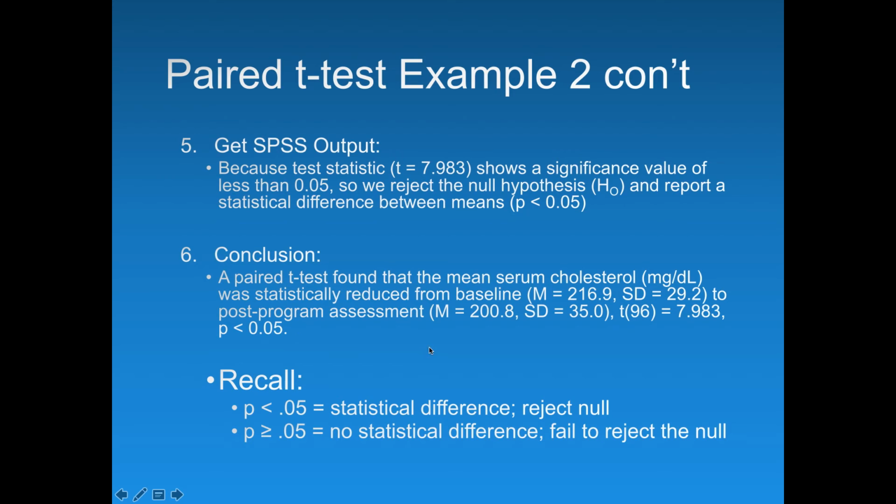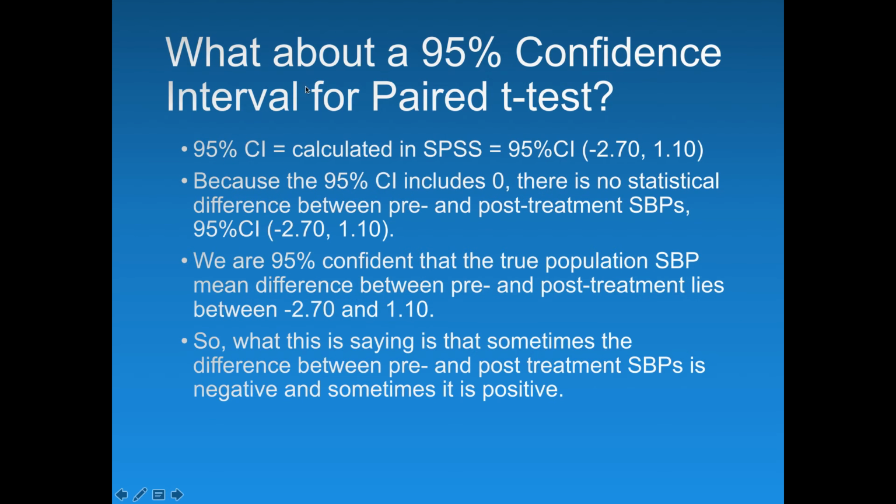What this means is: is it significantly different, yes or no? Is it higher or lower? Then information about the inferential statistic, which is what I was talking about at the end of the sentence. What was calculated? Was it an independent or paired t-test? The degrees of freedom, the value of the statistic, the t-value, and then the level of significance. Is it less than 0.05 or greater than or equal to 0.05?